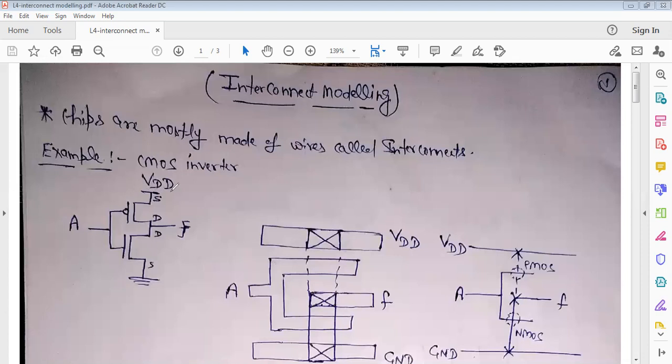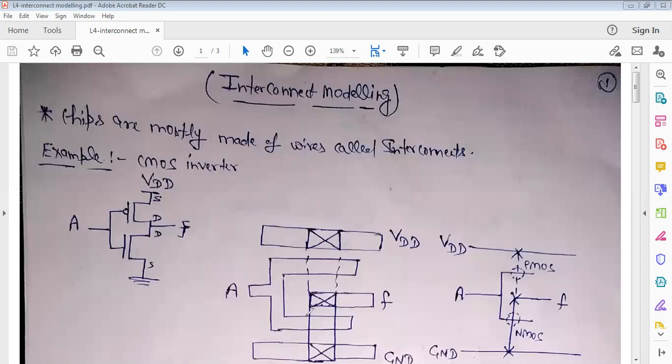Now two lines are drawn here for supply and ground. For supply this is the line, for ground this is the line. Again there are interconnections here and here, which are again made with a cross. Now for making the gate terminals, polysilicon lines are drawn.